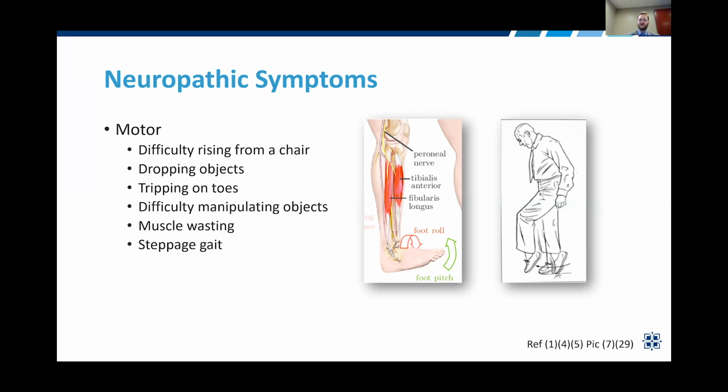So we see over here that the gentleman on the right is not dancing. He is actually trying to sweep his foot up to prevent his toe from catching due to weakness of the tibialis anterior and fibularis longus, causing his foot to drop and being unable to dorsiflex appropriately.